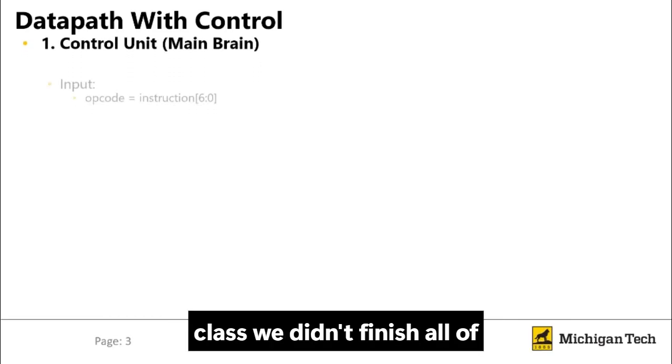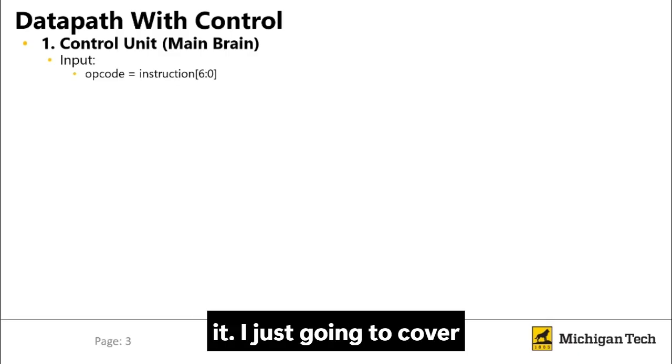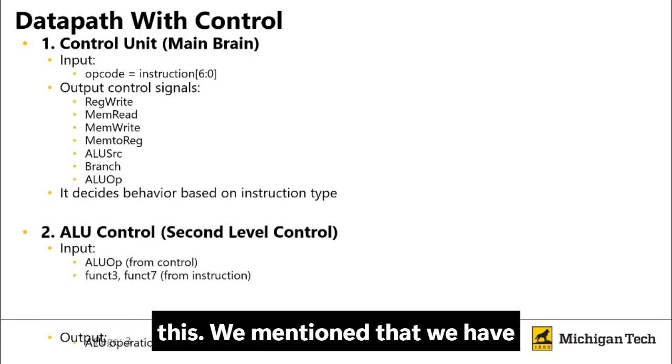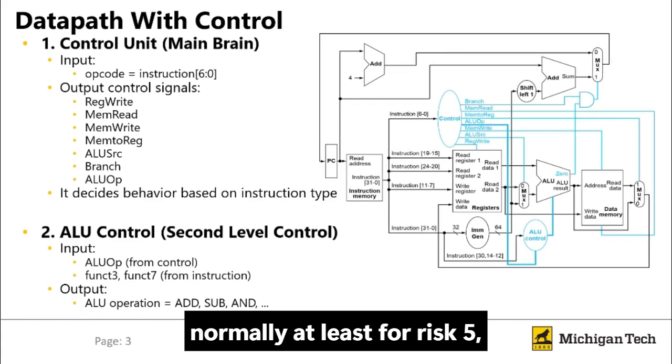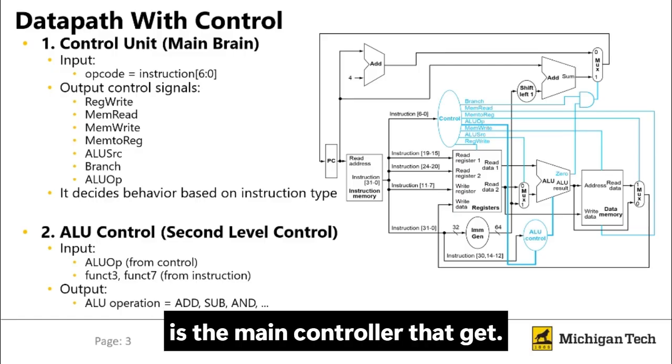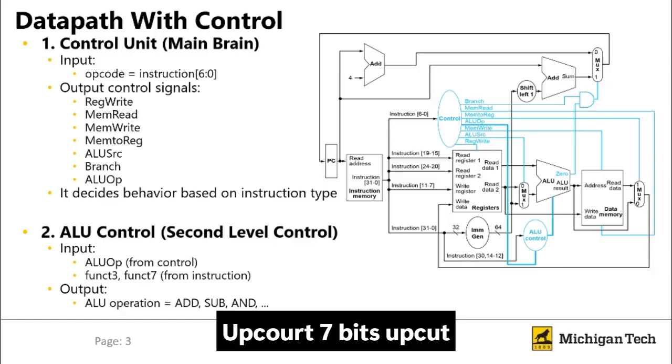Regarding control, last class we didn't finish all of it. I'm just going to cover this. We mentioned that normally, at least for RISC-V, we have two controllers. One controller is a main controller that gets the opcode, the 7-bit opcode, and makes control signals.